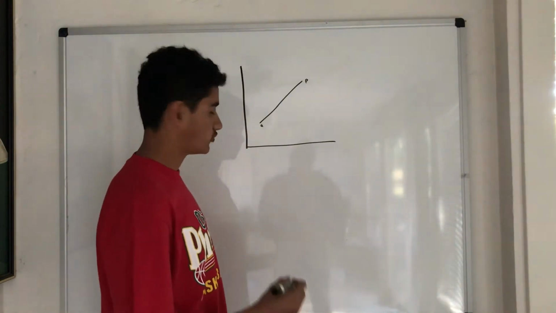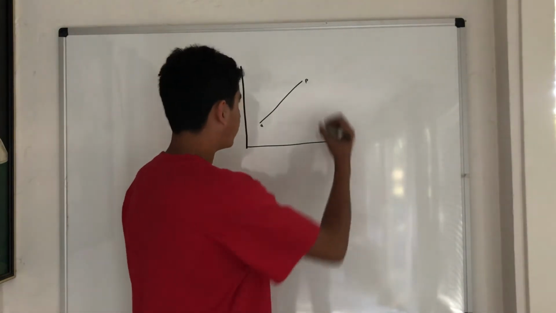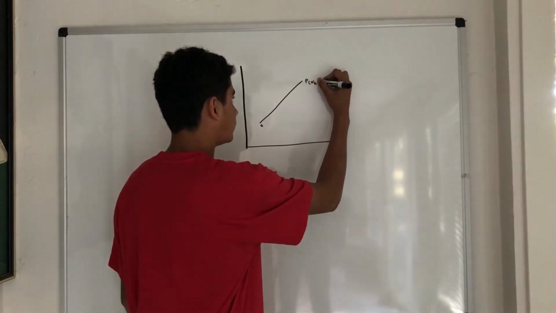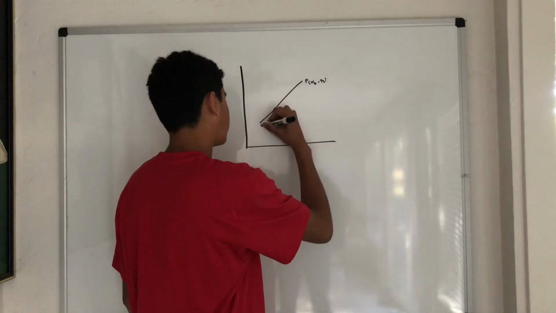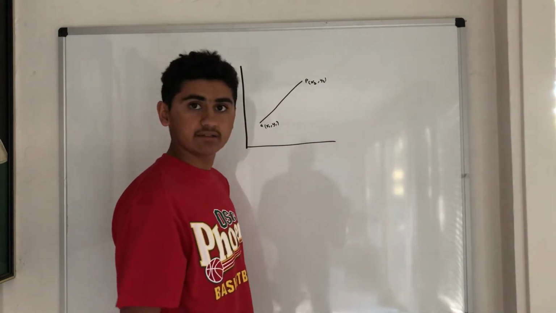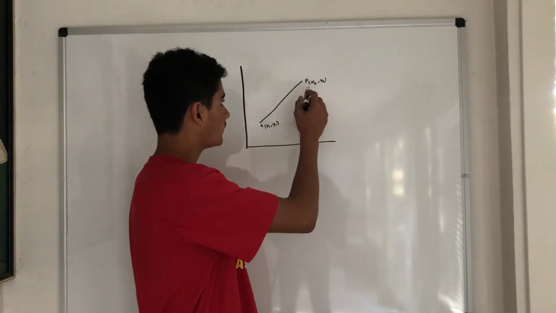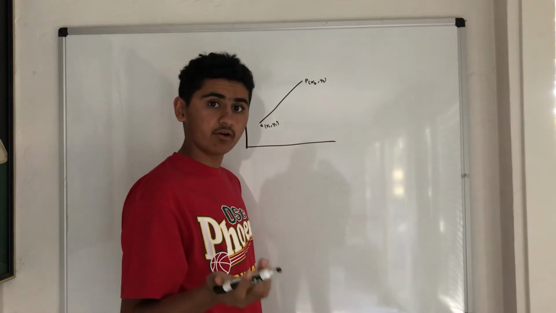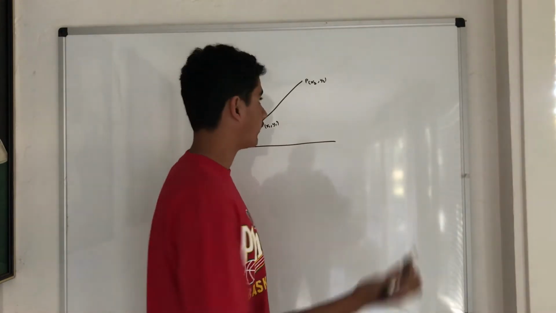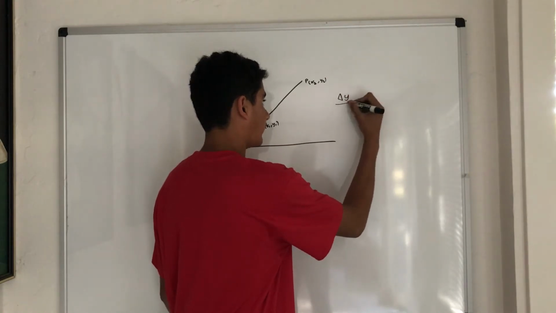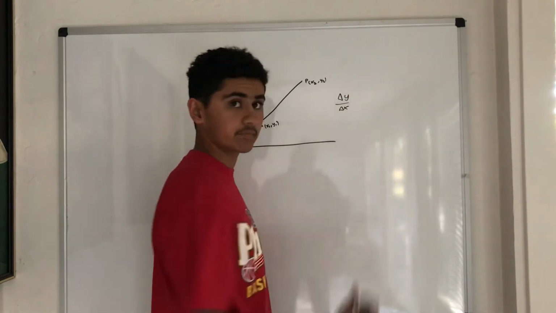You would probably use change in y over change in x, which is, if its points were x2, y2, and this one would be x1, y1, you would basically subtract y2 minus y1 and divide it by x2 minus x1. This is something simple you guys have all learned in algebra. Another way you can write it is change in y over change in x.